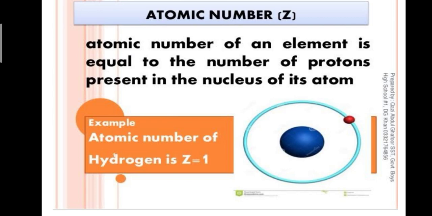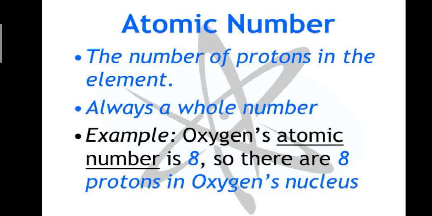This is the first observation, and on that observation the number of protons is 1, the number of electrons is also 1, so its atomic number is 1, and depending on this it is given a position in one particular table. So the atomic number is nothing but the number of protons in the element. Always it is a whole number.